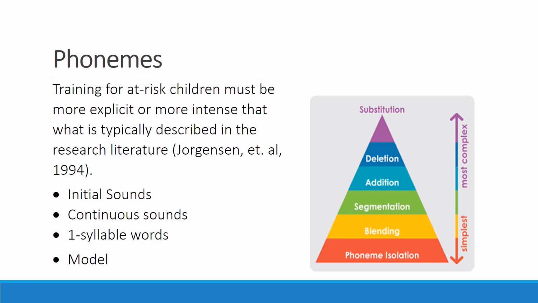They are generally easier for students to distinguish. Begin with words that contain continuous sounds. The word Sam has 3 continuous sounds that can be stretched to help students hear each of the sounds in the word. Start with one-syllable words and build to longer words. And be sure to model each activity when it is first introduced.